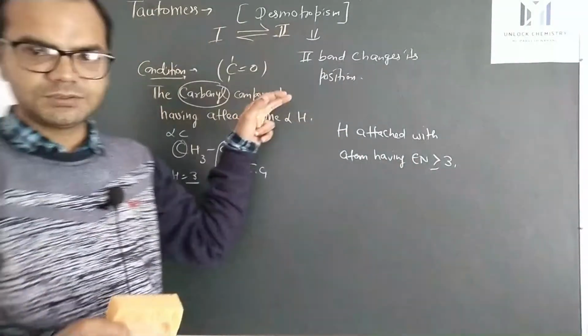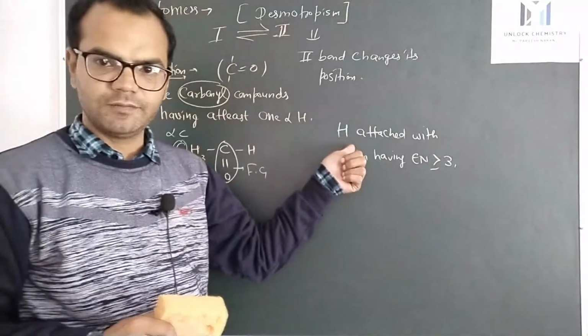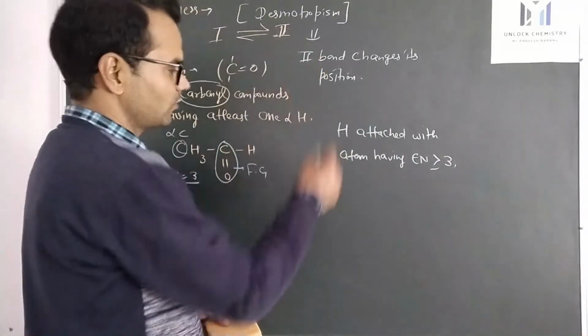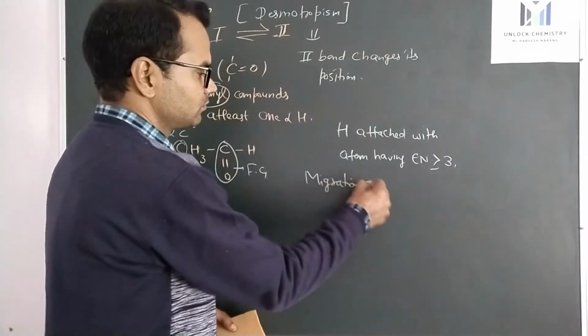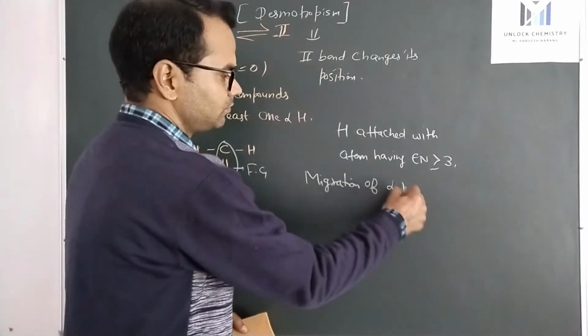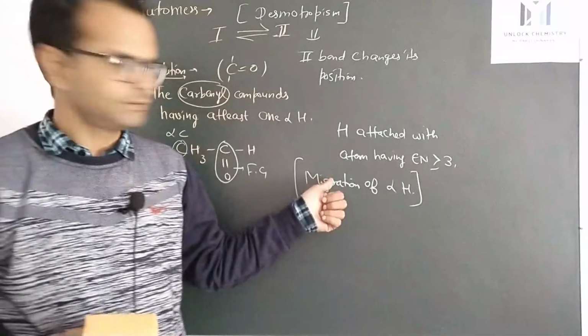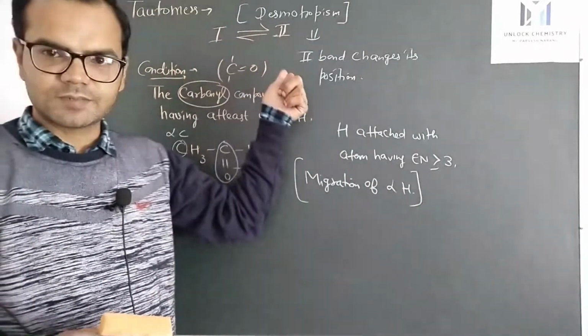In desmotropism or in tautomerism, there is actually migration of alpha hydrogen. So simply we can say, migration of alpha hydrogen, that is tautomerism or desmotropism.